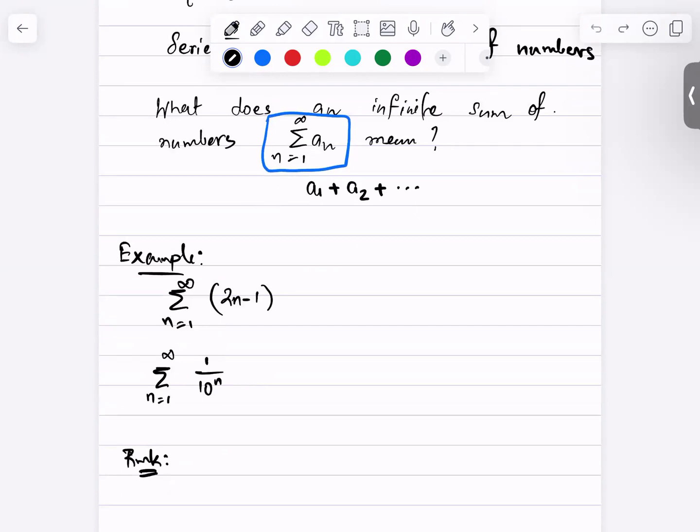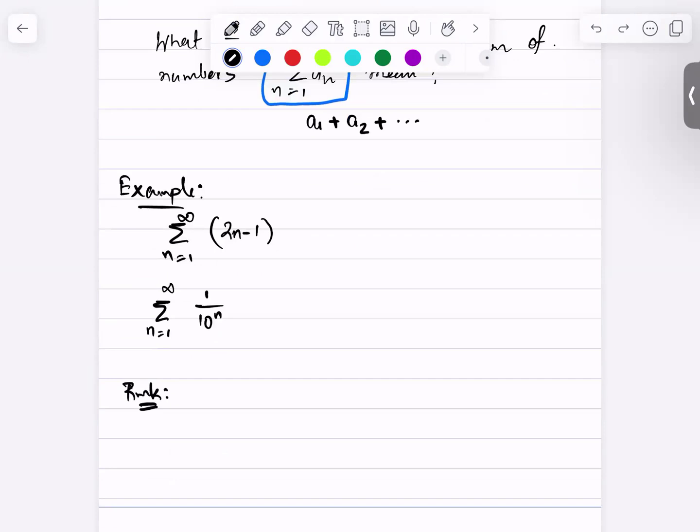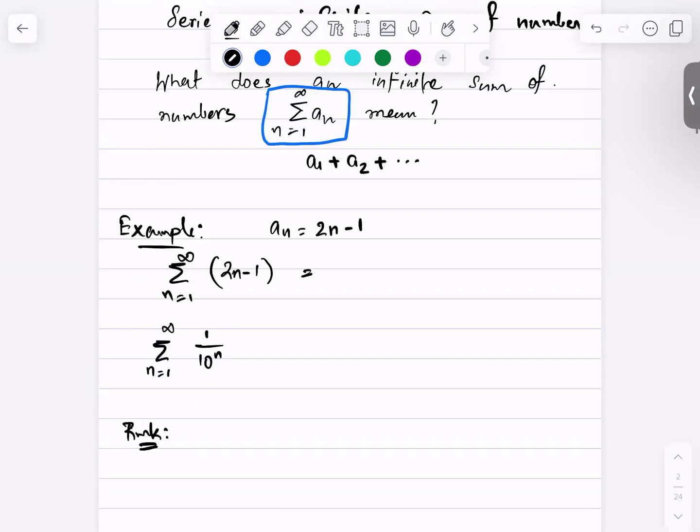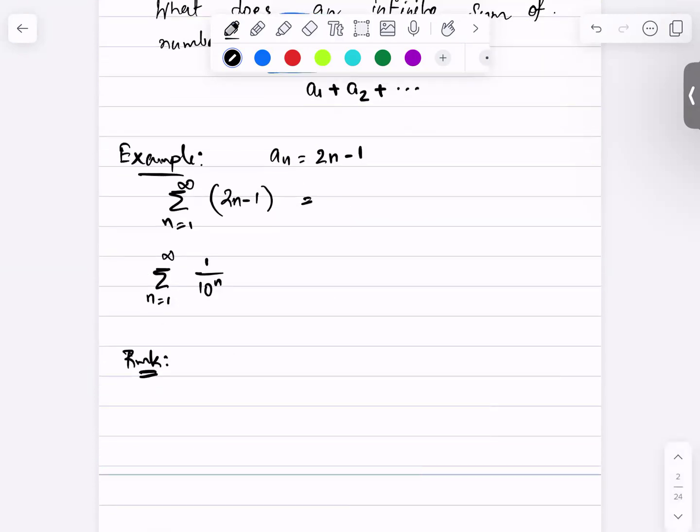And now some examples are like this: summation n equal to 1 to infinity of 2n minus 1. So here my an is basically 2n minus 1. And if I try to write the series, then if I put n equal to 1 in this, it will be 2 times 1 minus 1, which is 1.